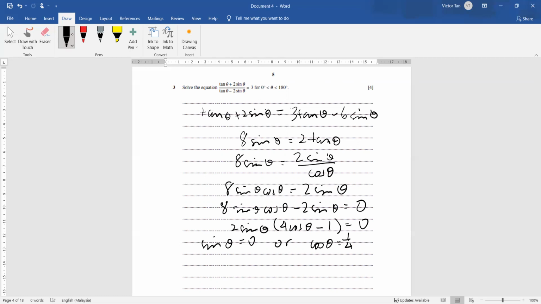So when sine theta equals 0, theta is between 0 and 180. Those 0 and 180 is not possible. So this sine theta equals 0 has no solution. Okay? And cos theta equals to quarter. Theta is inverse cos 1/4.